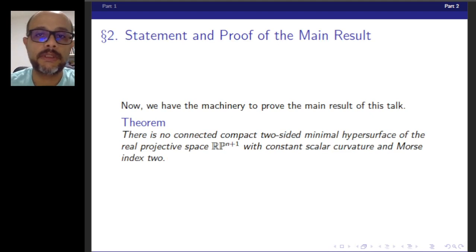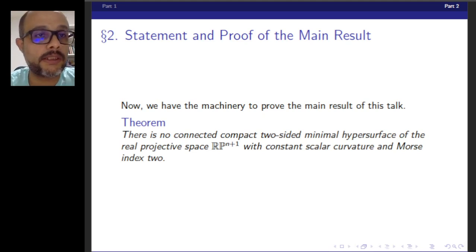So let's announce our main result in this talk. The main result is in this slide. There is no connected, compact, two-sided minimal hypersurface of the real projective space with constant scalar curvature and Morse index 2.